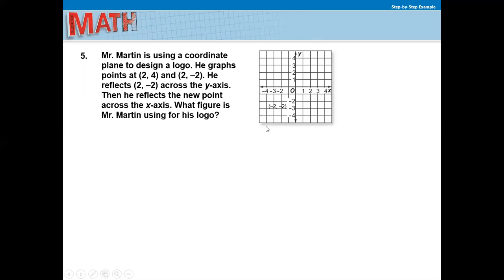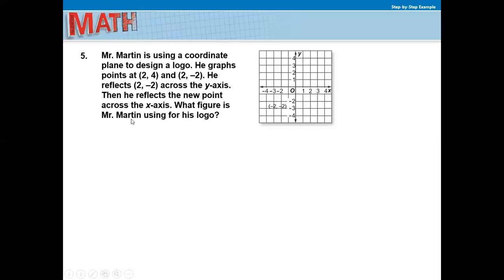Number 5. Mr. Martin is using a coordinate plane to design a logo. He graphs points at 2, 4, and at 2, -2. He reflects 2, -2 across the y-axis. Then he reflects the new point across the x-axis.